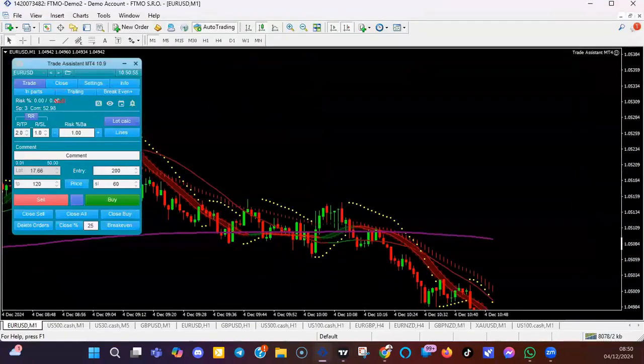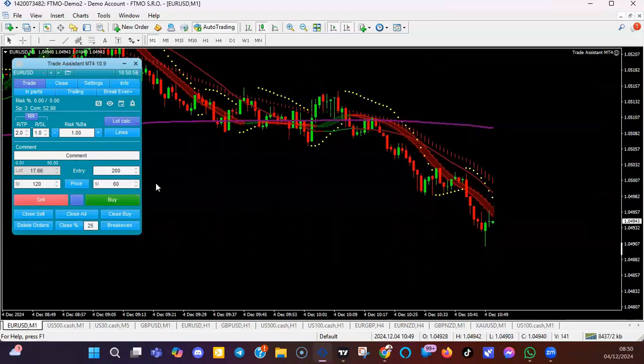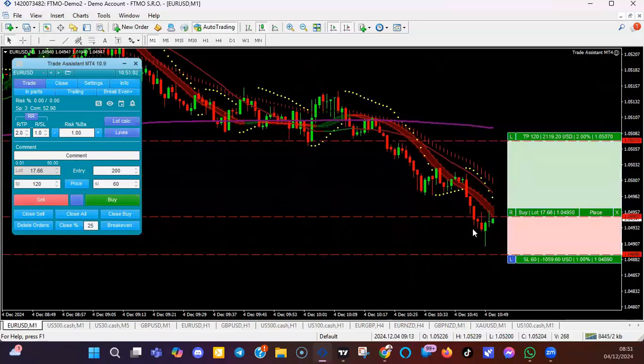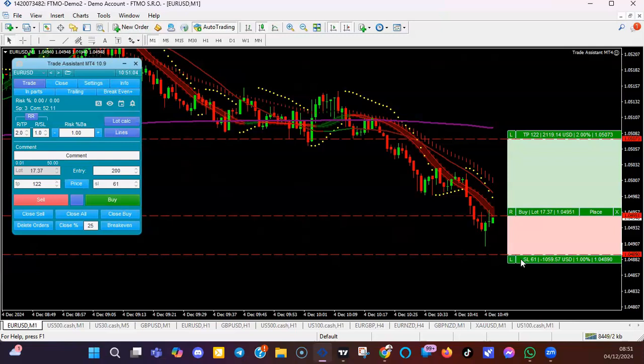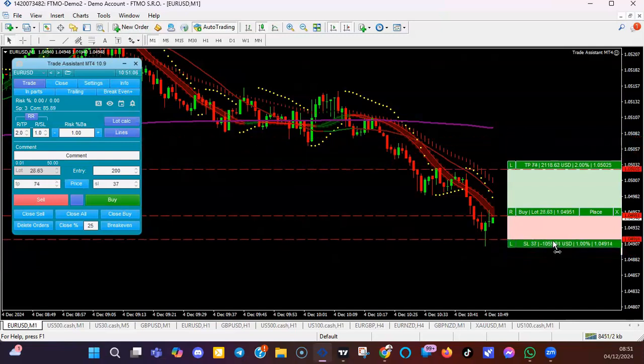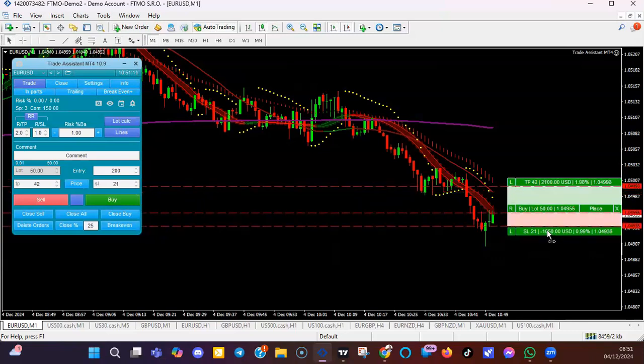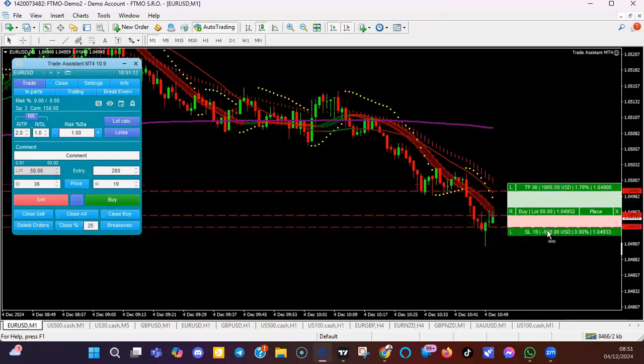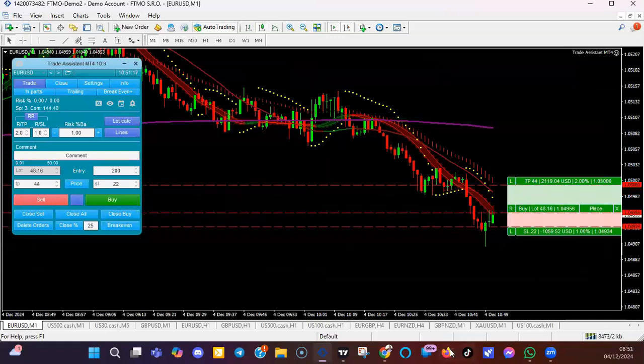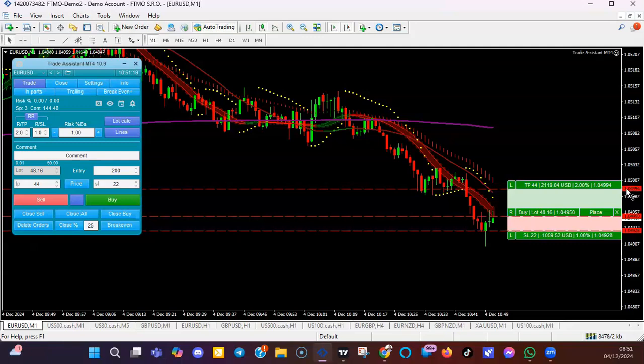My MT4 on, my lines on, make sure I'm 2.2 pips away. Cheers. There. Keep it floating.